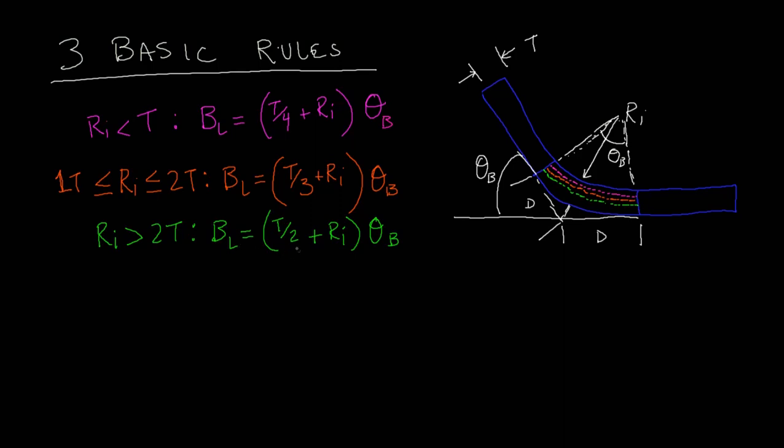So it never goes above T divided by 2. It's like if you bend something and there's no permanent deformation, your neutral axis is still in the middle of the part, and it approaches that value when your inside radius is 2 thicknesses.